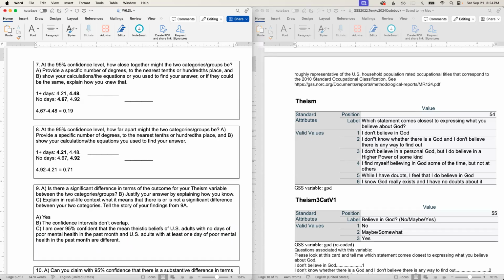That these means are not the same. If they did overlap, then I'd say no, they're not significant, and I'd say I'm not over 95% confident that they're different, right? They could be the same. We're not confident that they're different.